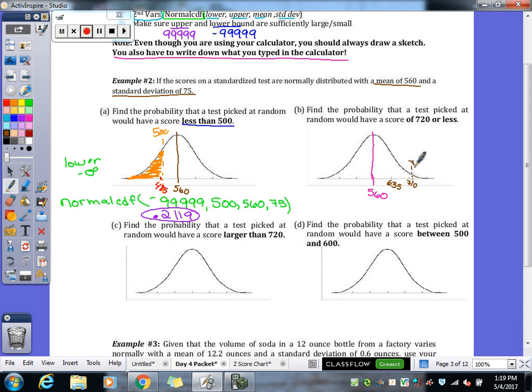So 720 would be just beyond the 710. So then we want 720 or less, so that means we're going to shade to the left of it.